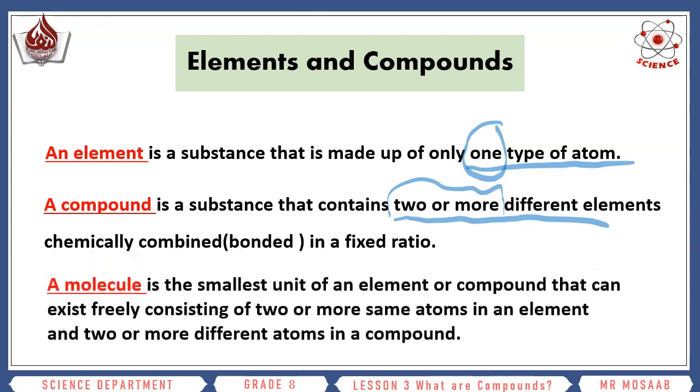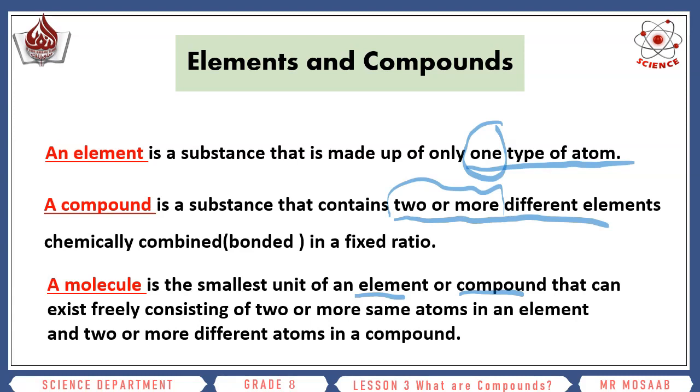And you should also know the meaning of molecule. A molecule can be an element or a compound. It can exist freely, made of two or more same atoms in an element, or two or more different atoms in a compound. So a molecule is also made up of two or more atoms.